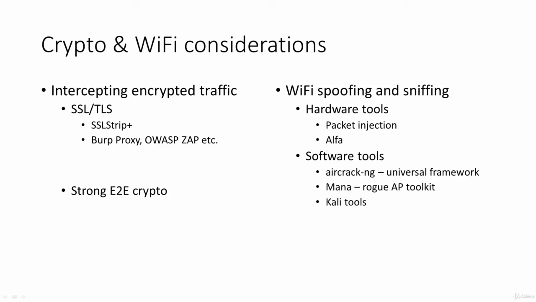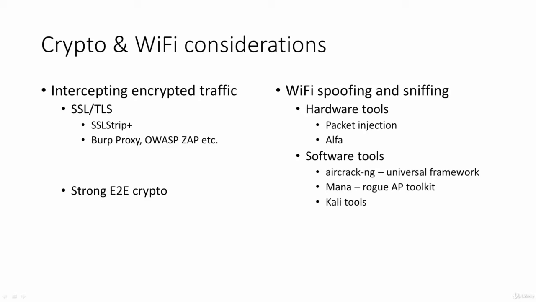So what you have to do in order to operate within this environment. First of all, you will have to buy some specific hardware that is capable of doing packet injections. It's like putting your interface in promiscuous mode, but on Wi-Fi.